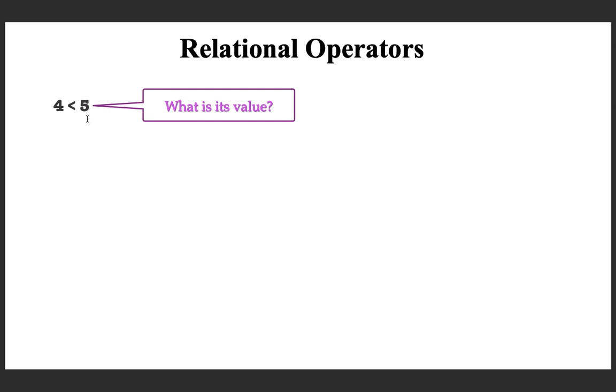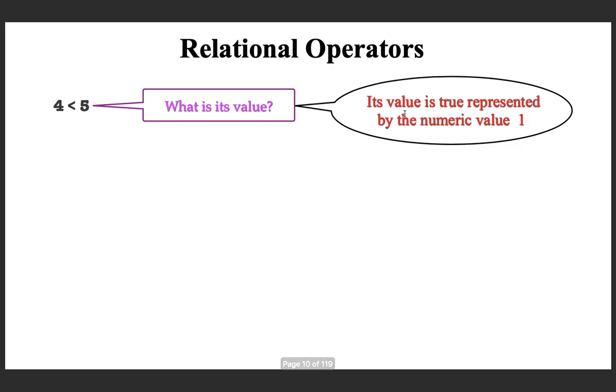True or false? 4 is in fact less than 5, and hence the value is true. You just take it as true, but if you want to see how exactly true is represented in the C programming language, it is represented as a numeric quantity, say 1, which is a non-zero value. Because there is no Boolean data type, true is represented by a non-zero quantity and 0 represents false.